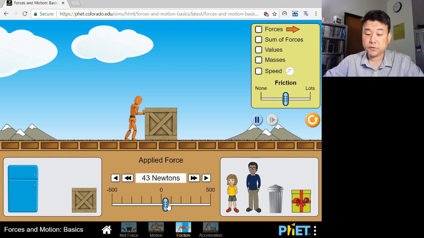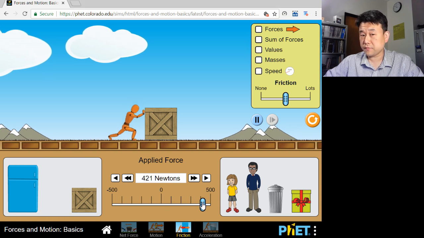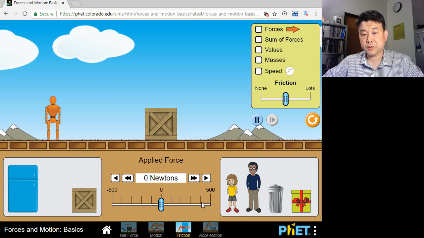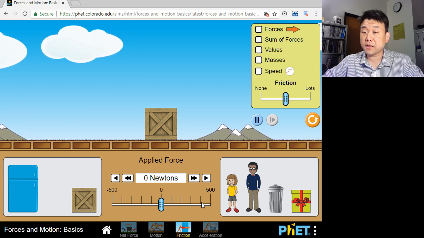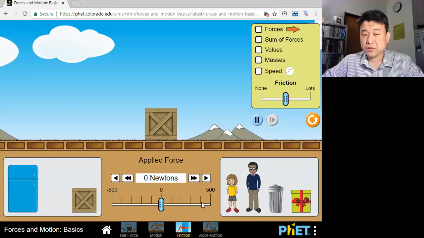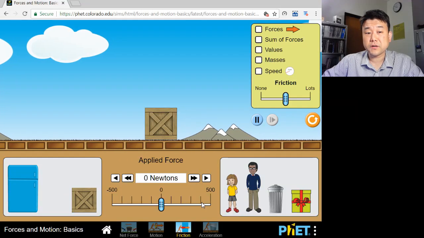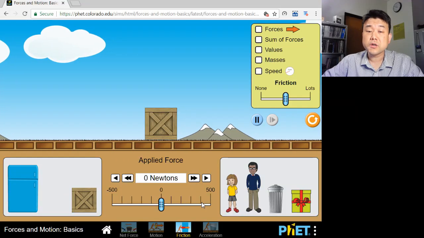With some force, you still get zero acceleration. And even if you get it to move, when you stop pushing at some point with a zero applied force, acceleration is obviously not zero. There is a negative acceleration which brings the crate to a stop.